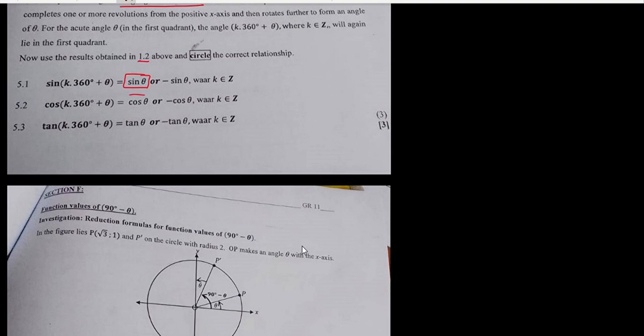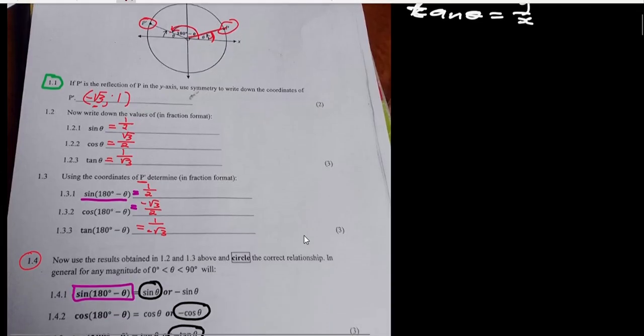Same thing with cos, it is always going to be positive on quadrant number 1, and then tangent is going to be positive. Okay, so they said we must use the result that we got on 1.2. On 1.2, you see, it was positive, positive, positive.